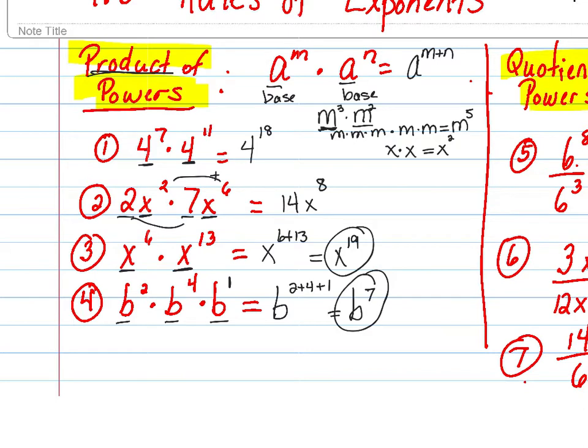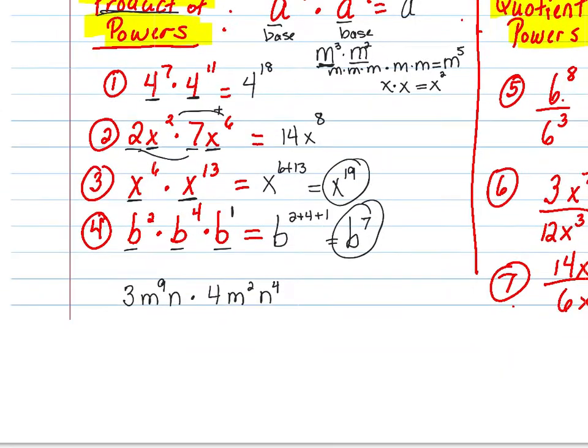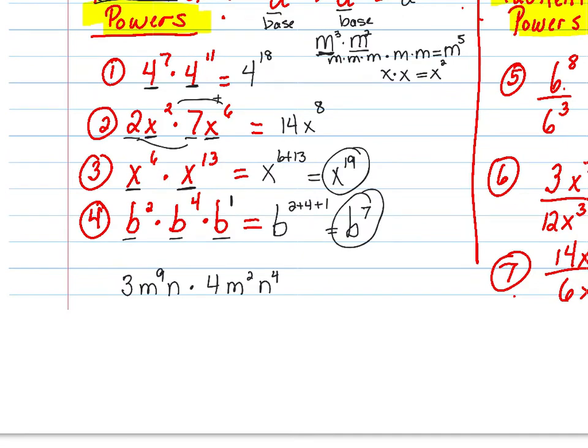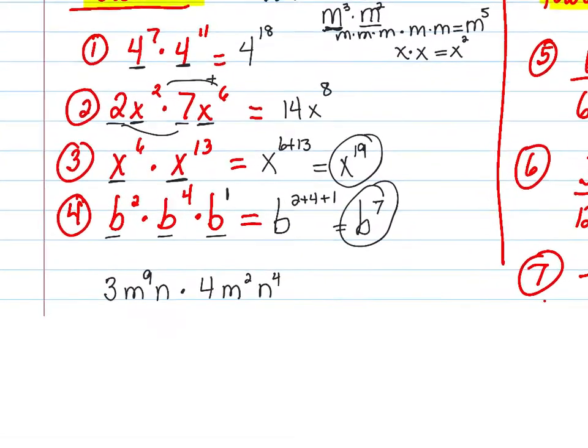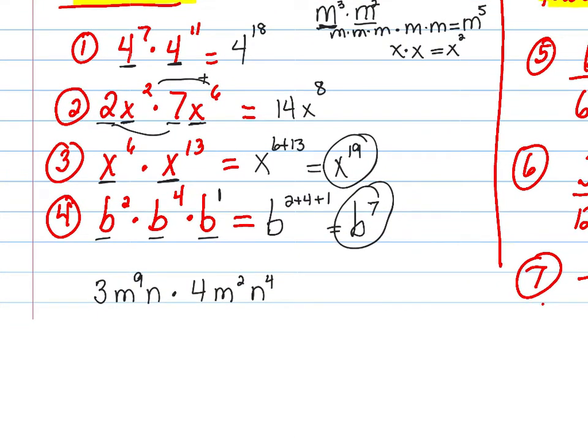Is that kind of easy? What if I have something like 3m to the 9th n times 4m squared n to the 4th?